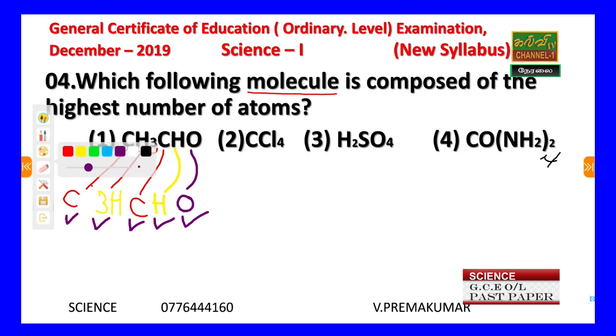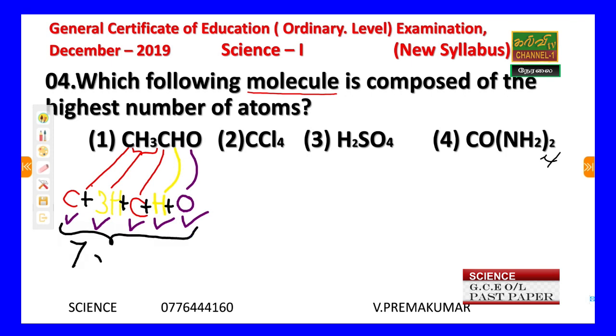Now I would like to add these. So how many atoms are there? 1, 2, 3, 4, 5, 6, 7. There are 7 atoms here.